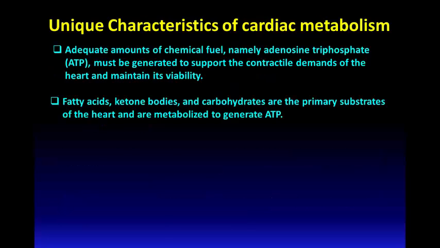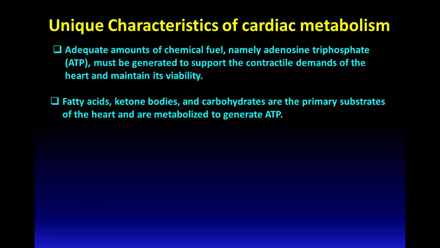Adequate amounts of chemical fuel, namely adenosine triphosphate, must be generated by the myocytes in order to support the contractile demands of the heart and maintain its viability. And we've mentioned in the previous lectures that the myocytes have a considerable number of mitochondria.